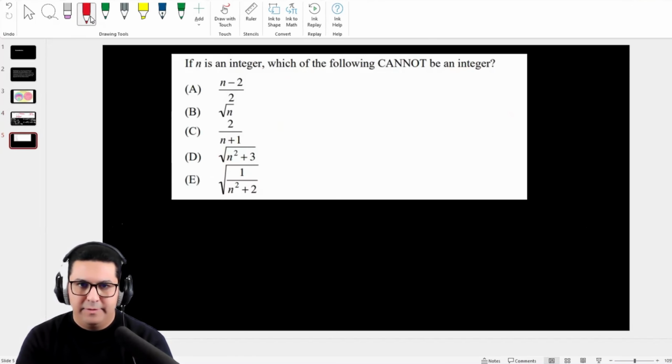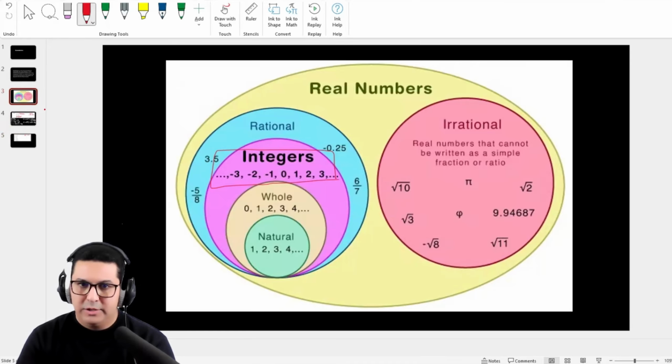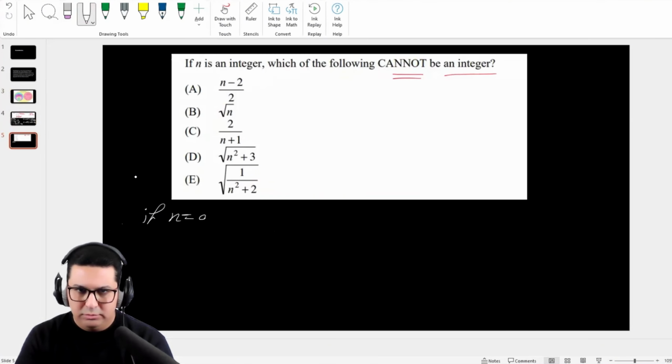So if n is an integer, which of the following can't be an integer? You know that, again, integers, as you see here, are minus 2, minus 1, 0, 1, 2, and the others. So first of all, we can consider n equals 0. Let's check this.